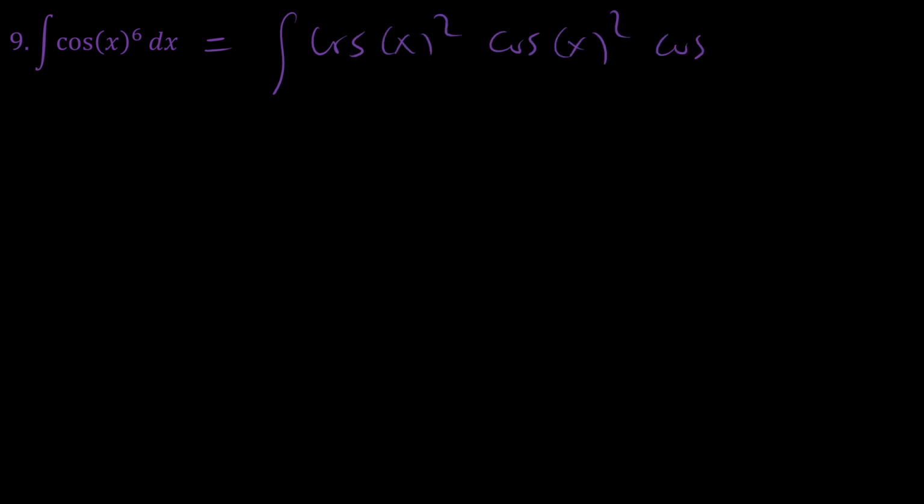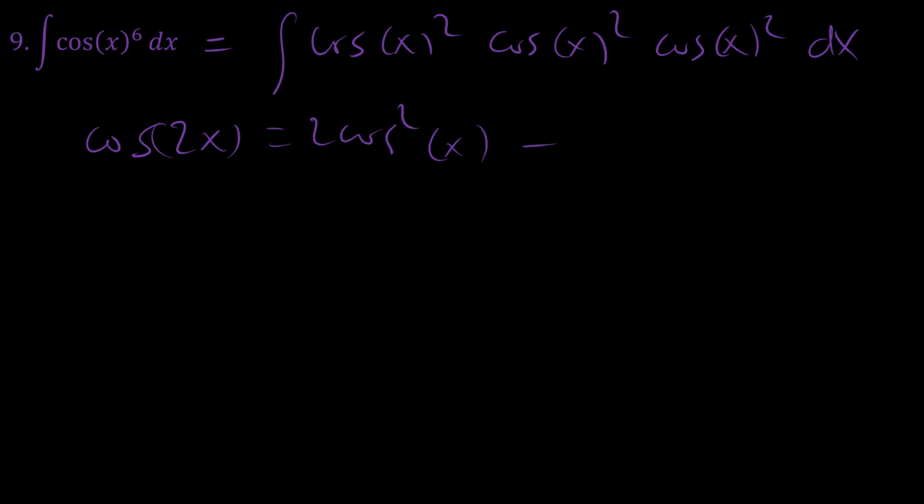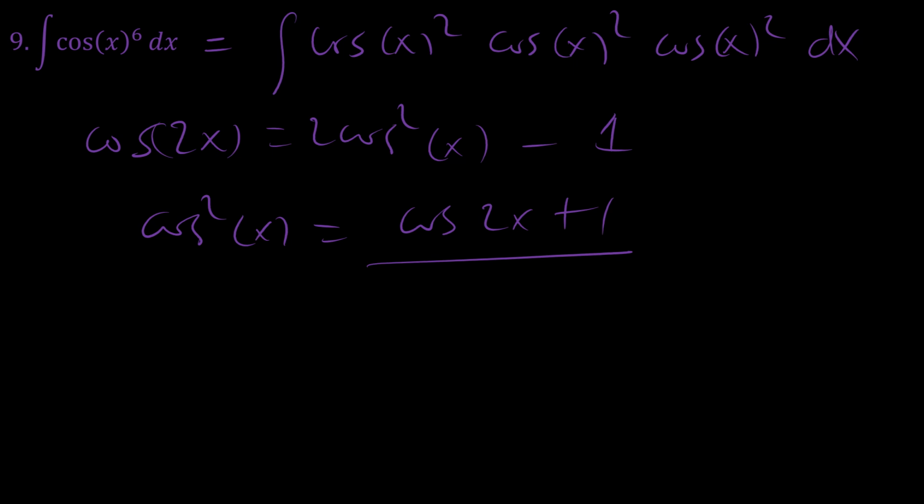Problem 9, which is the definite integral of cosine x to the power 6. How I would express this is the same as me saying, since we know cosine 2x to be equal to 2 cosine squared x minus 1, meaning that cosine squared x is the same as cosine 2x plus 1 over 2.